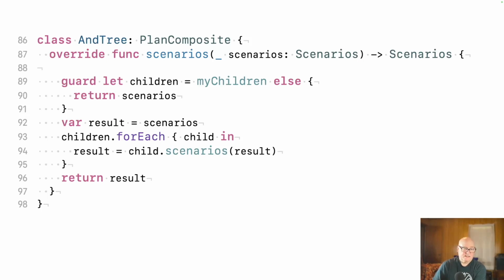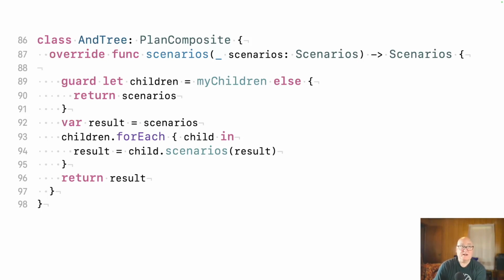I probably could have written this as a reduce loop, but in any case, we start with the scenarios that we're given, which for an AND tree, the first child gets the parent scenarios, and then each succeeding child uses the previous result. For the first child, it started with the parents, then it runs through the loop for each child, and figures out what the child wants from the result scenarios, and that gives us a new result. And so we use that variable again for the next list.